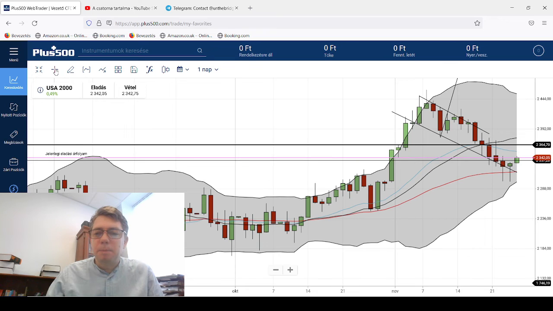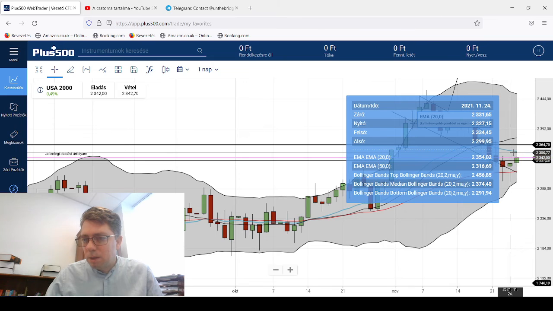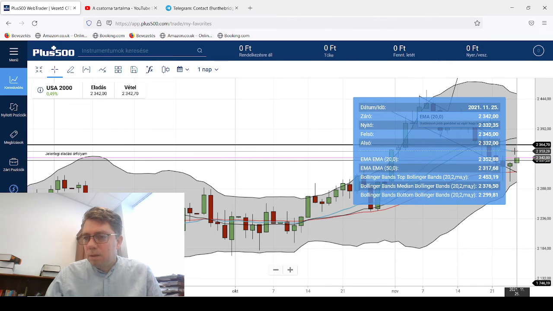20-day EMA, which is, let me see, at 23.53.